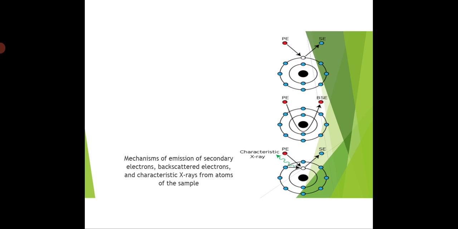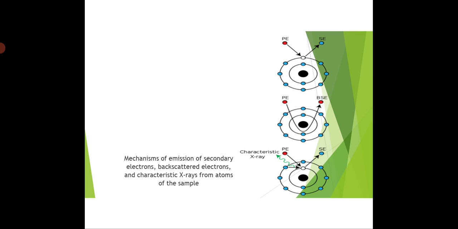Mechanism of emission of secondary electrons, backscatter electrons and characteristic X-rays from atoms of the sample. In the top figure, the primary electron hits a valence electron and ejects it. These ejected electrons are secondary electrons, which are ejected from the outermost shell. In the second figure, the primary electron hits inside the shell and the electrons ejected are backscatter electrons.